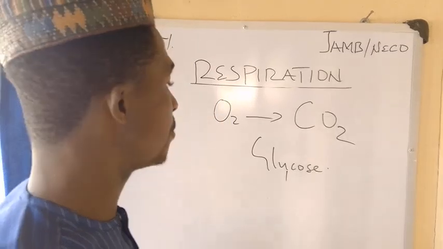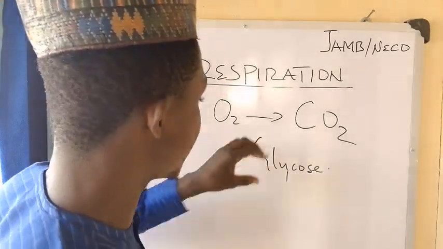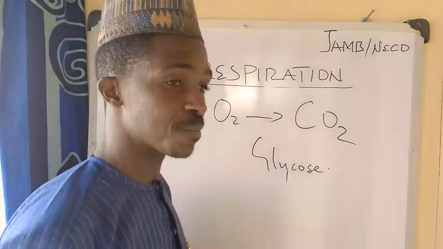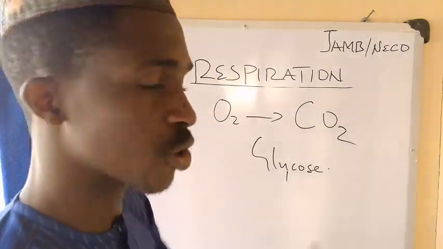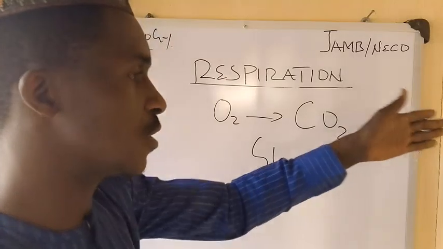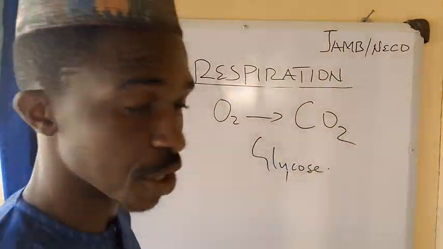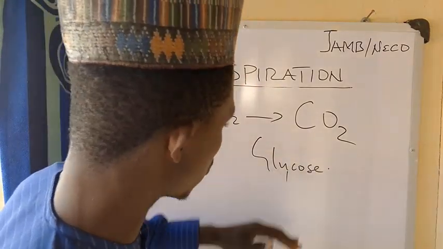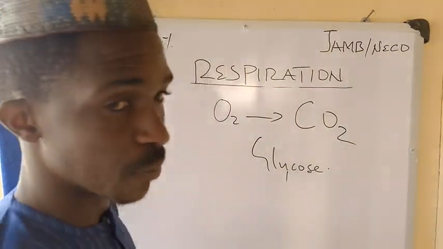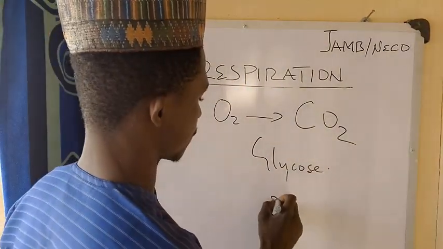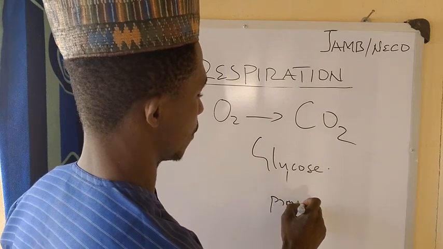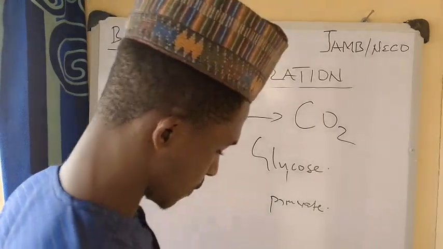So when it is being metabolized, that is in the cell, the glucose will follow 10 steps of reaction. You can call it glycolysis. You can call it tissue respiration, where the glucose will be broken down to give you a 3-carbon sugar known as pyruvate. Pyruvate is a 3-carbon sugar.